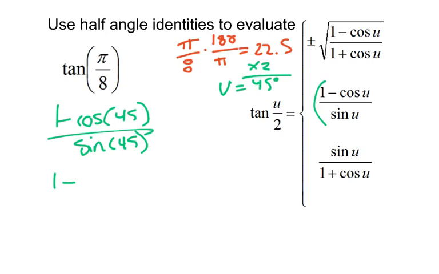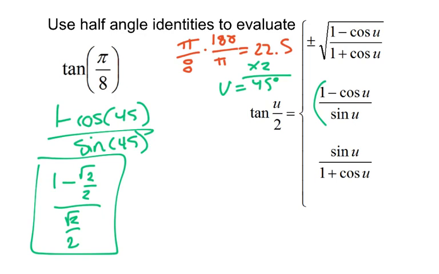And so we're going to have 1 minus the square root of 2 over 2, over the square root of 2 over 2. Alright, and that is the end of that.